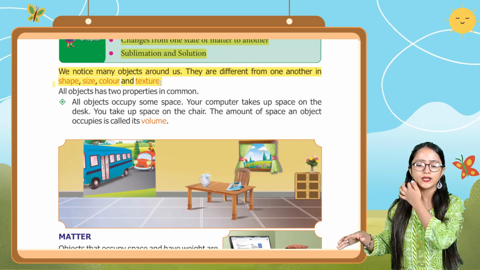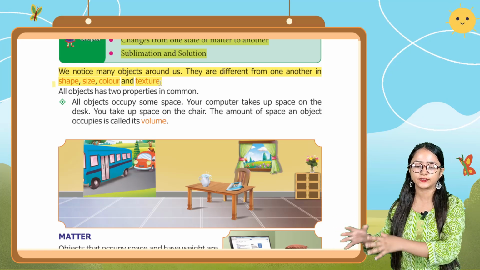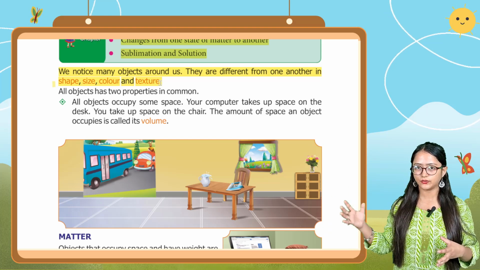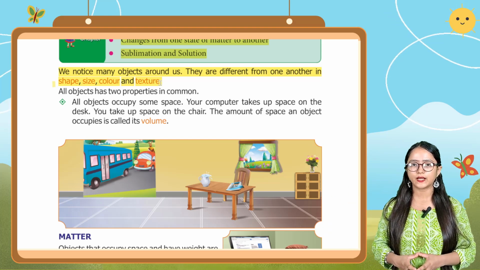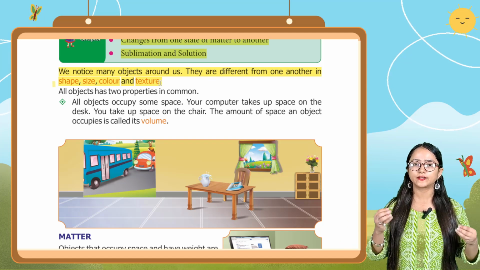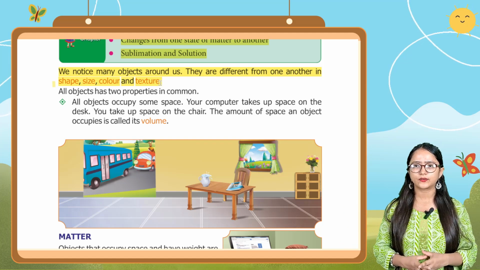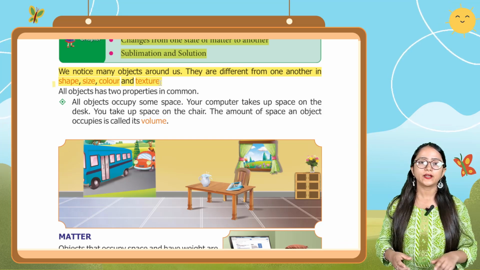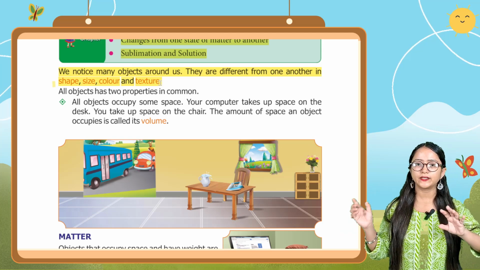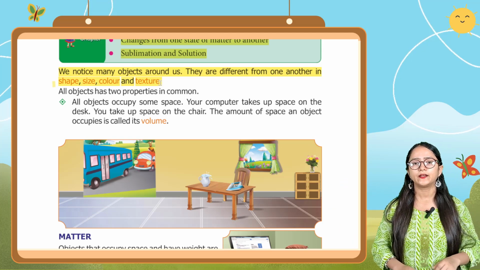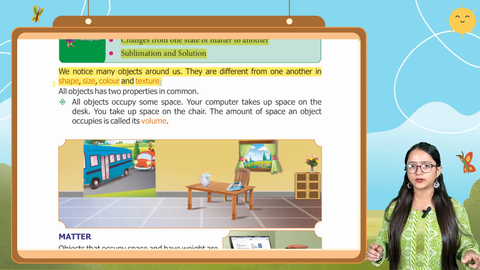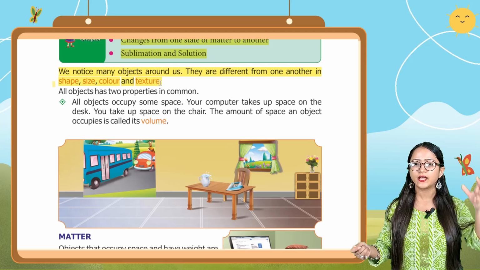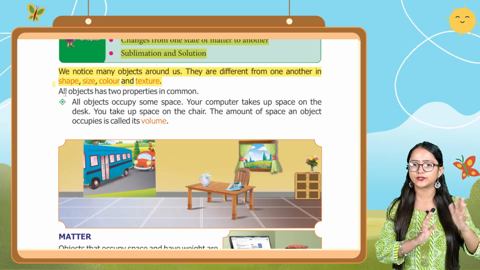For example, there is a board: a blackboard, whiteboard, green board. They are all boards, but they have different colors. Now take the example of a book and a pencil. The pencil's shape, texture and color are different, and the book's shape, color and texture are all different.